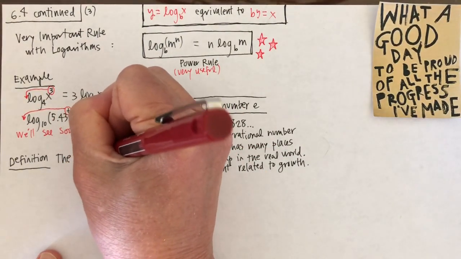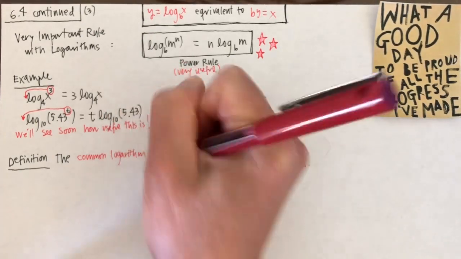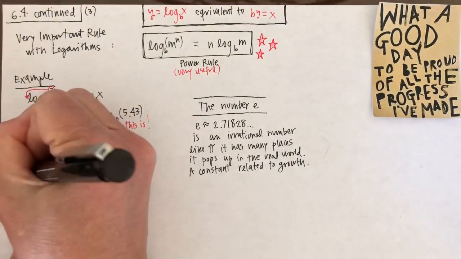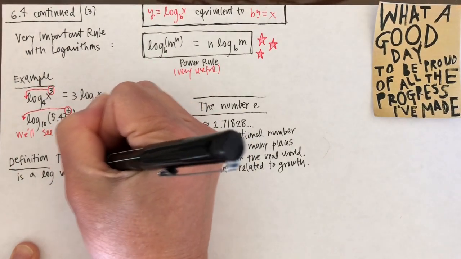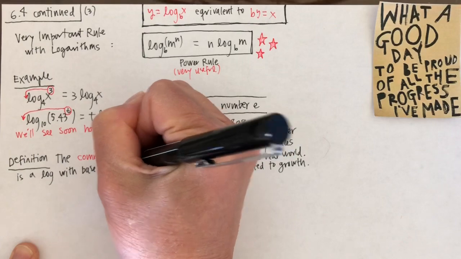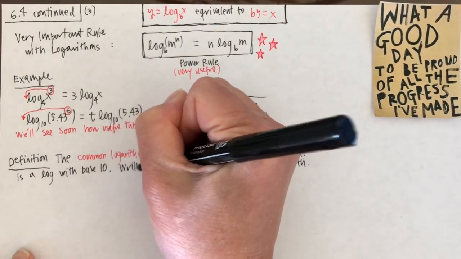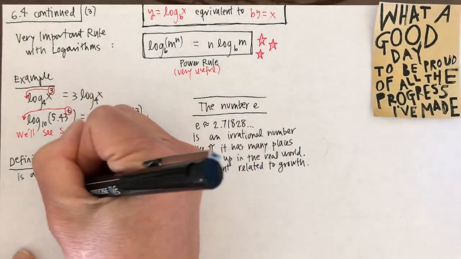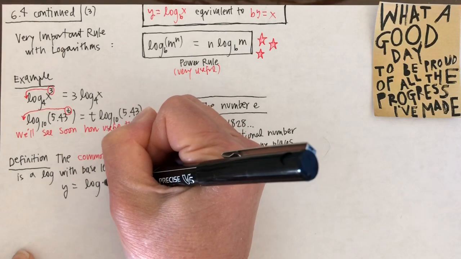The common logarithm is a log with base 10, and it's written as log x.